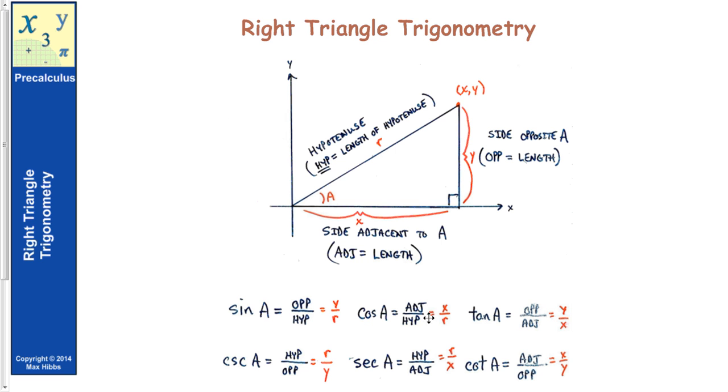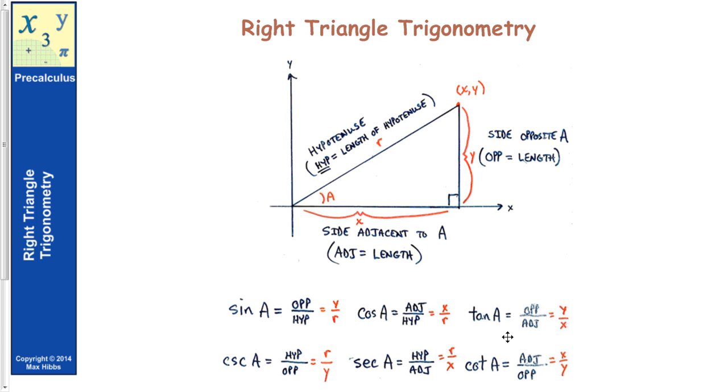So the cosine would be x over r. And x is nothing more than the length of the adjacent side, and r is the hypotenuse. So x over r is the same thing as adjacent over hypotenuse.